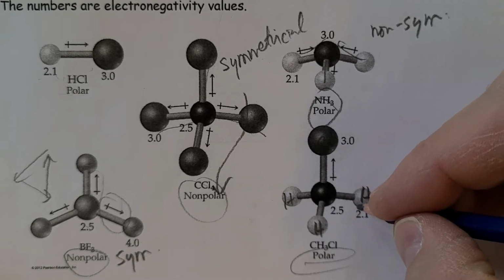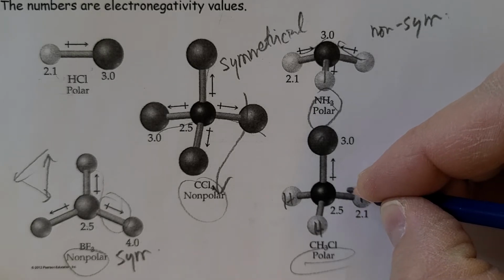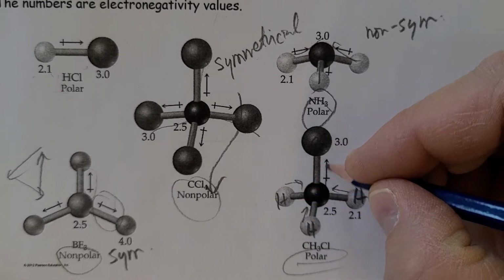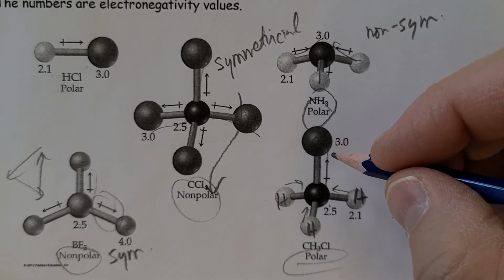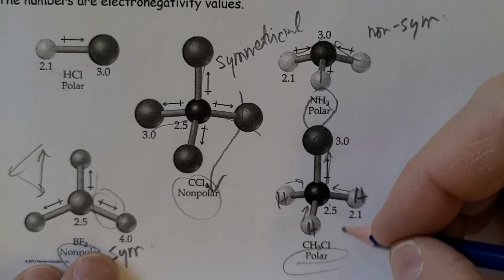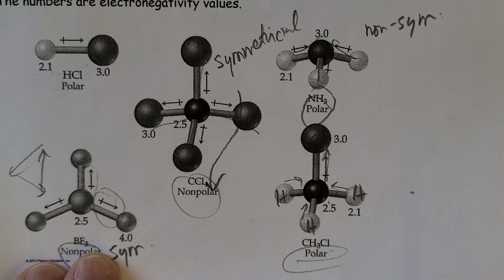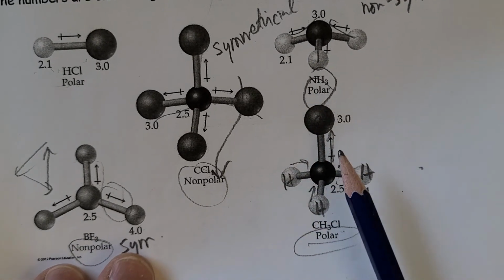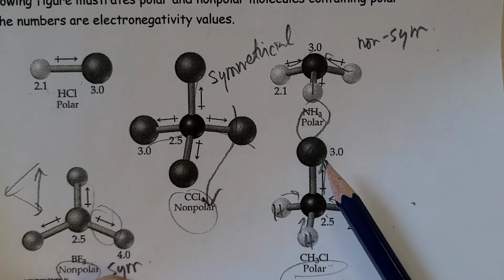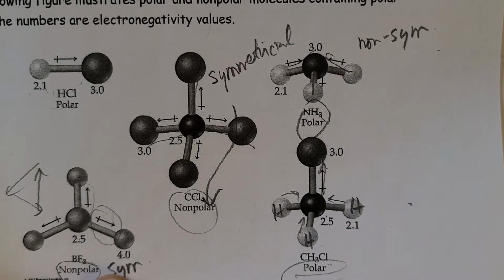So what we end up having here is a slight pull in this direction, virtually a nonpolar pull. But in this direction, 3 minus 2.5, that's 0.5. So we have a fairly strong pull in this direction. That makes it polar. So that's another little tricky thing you have to look at: symmetry and the outer atoms that are attached to everything.